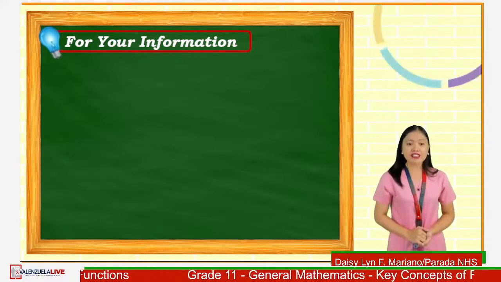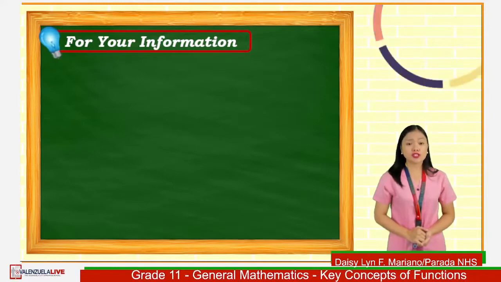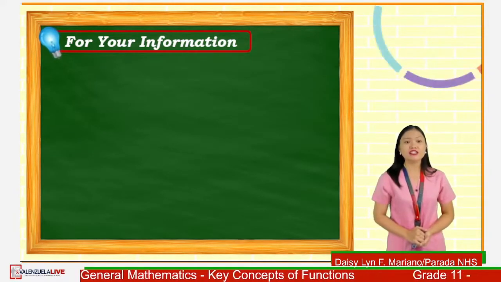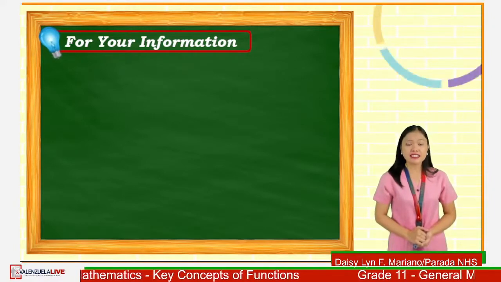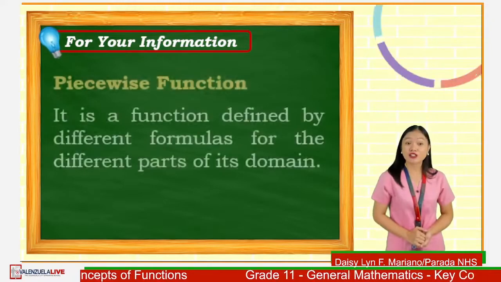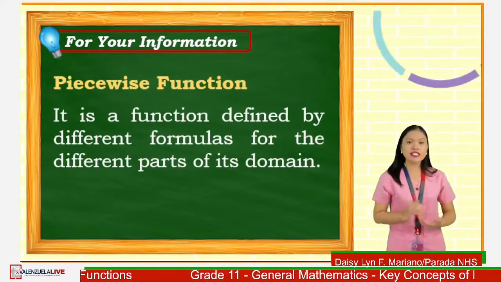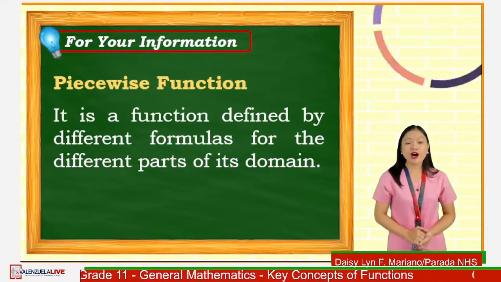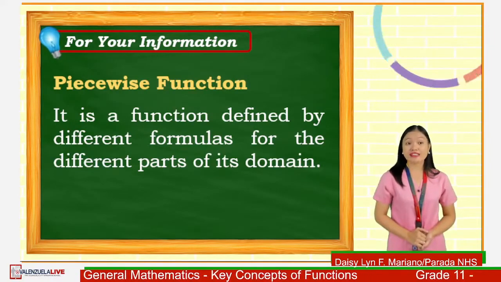Since the cost varies based on the two conditions in the problem, the function involved in relating the number of text messages sent and its cost can be expressed as a piecewise function. A piecewise function is a function defined by different formulas for the different parts of its domain.